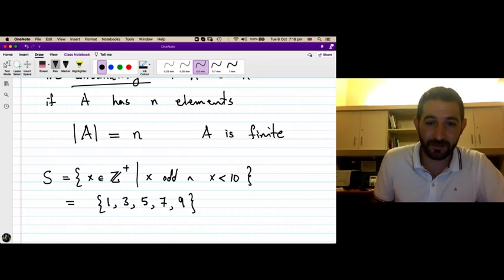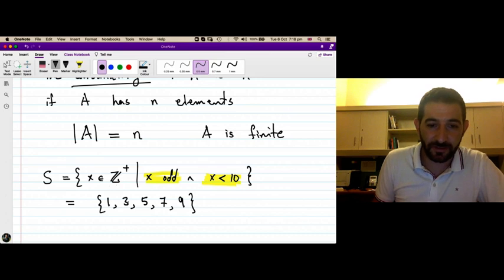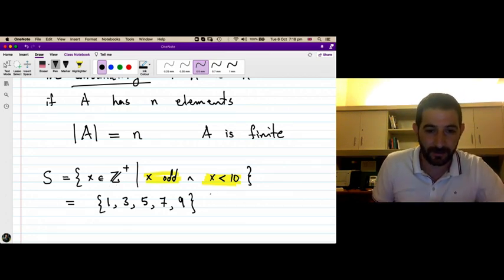What is the membership condition? A positive integer belongs to S if it is odd and it is less than 10. So among all positive integers, only these 5 numbers are odd and less than 10.